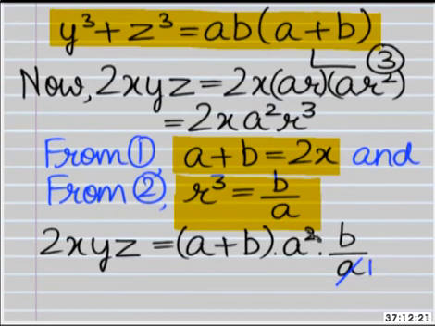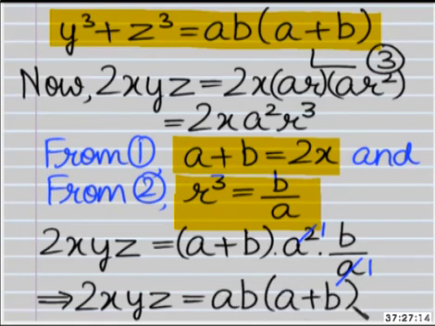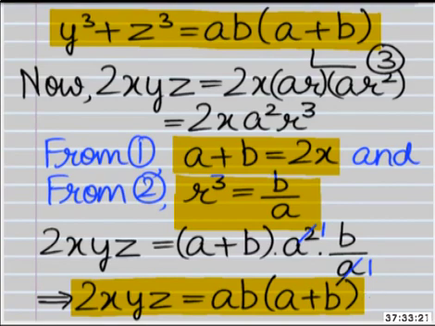On solving, we get 2 into x into y into z is equal to (a into b) whole multiplied by (a plus b). Let this be equation number 4.